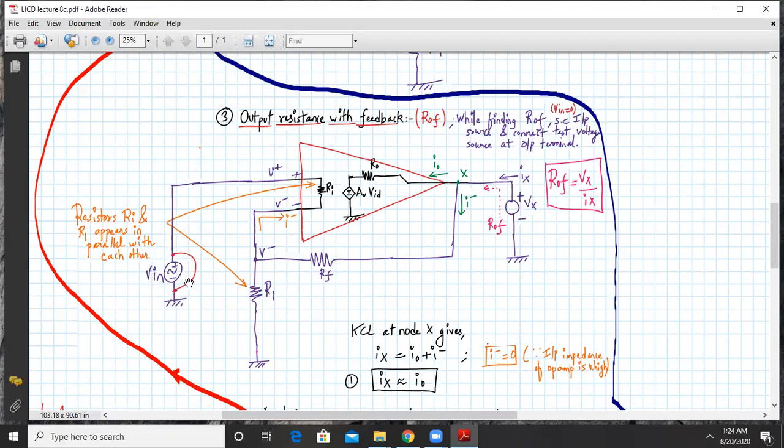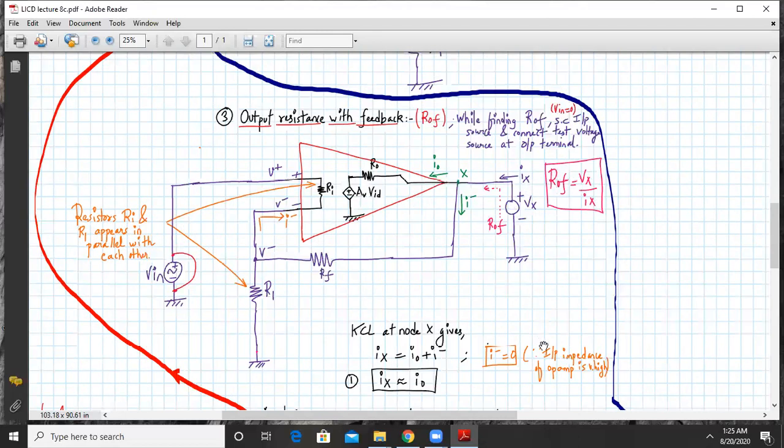At the non-inverting terminal, we have shorted the input source, and because of that, if you see carefully, the resistors Ri and R1 come almost in parallel with each other. At the output terminals we have connected a voltage source Vx, and the ROF, that is the output resistance with feedback, can be evaluated by Vx upon Ix.